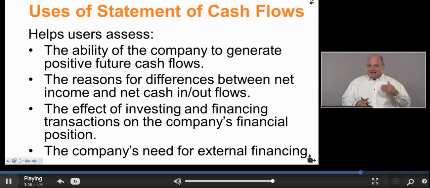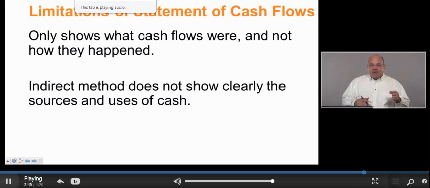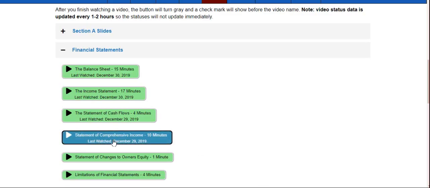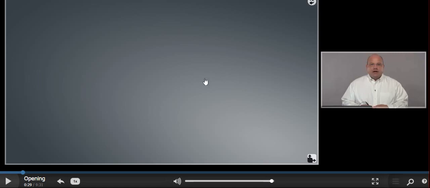The exam is the indirect method. And the indirect method doesn't really show clearly how much are made with the owners of the company.